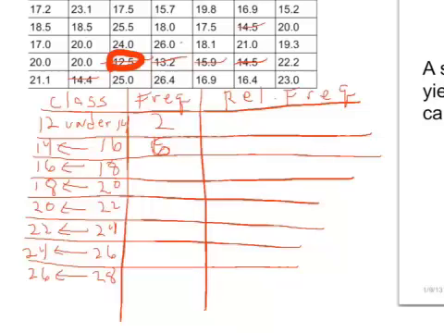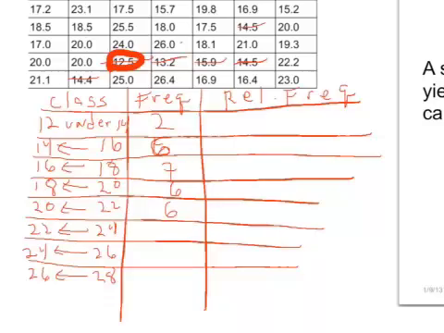And then from 16 to 18, if we do that, we'll have 7. And 18 to 20, if we go through, we should have 6. And 20 to 22 is 6.